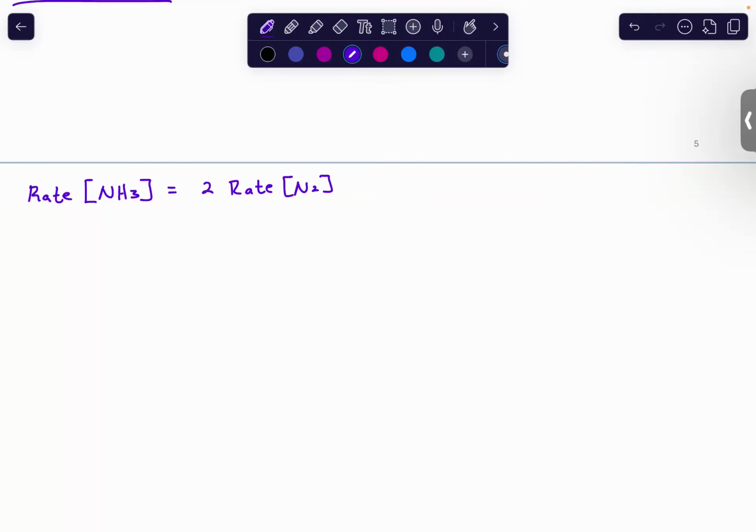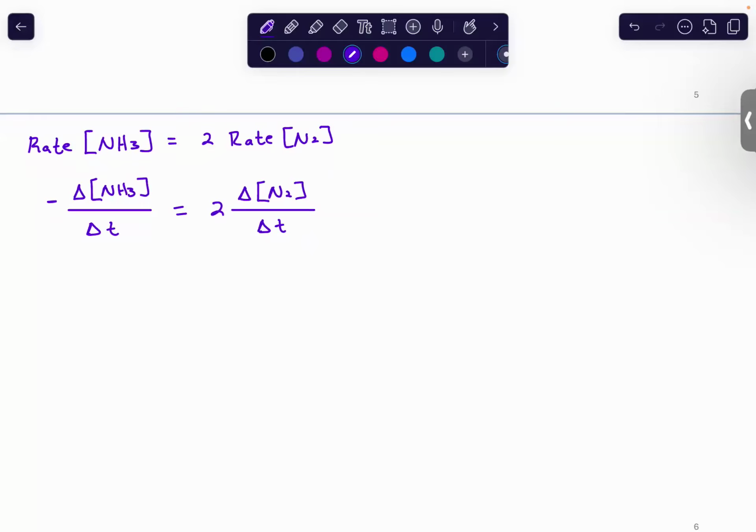So remember, this rate of ammonia consumption is a negative. What we're actually going to do is move that 2 to the other side.